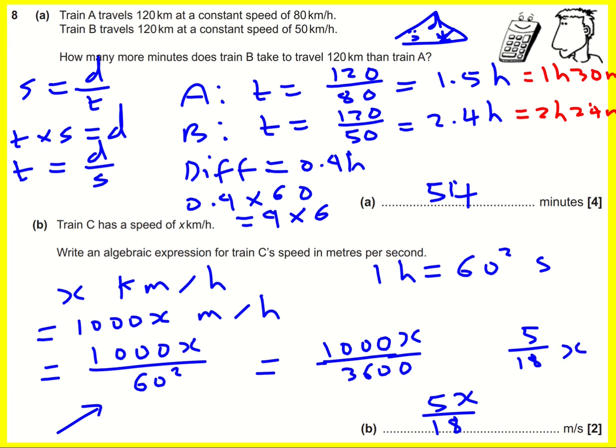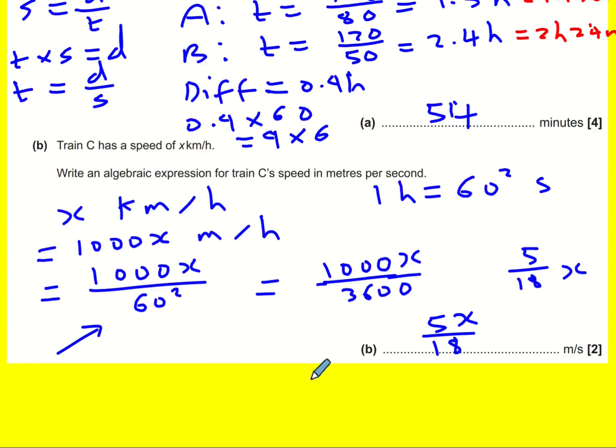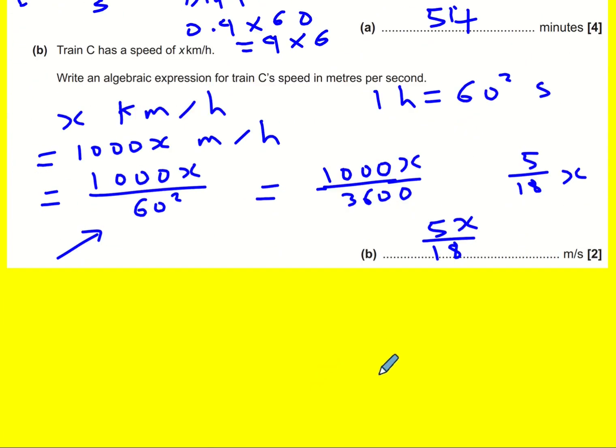Now I want to talk a little bit more about this if you're not happy, or if you want a technique for the future to help you. Let's consider that we're going 1 kilometer in 1 hour, which is 1 kilometer per hour.